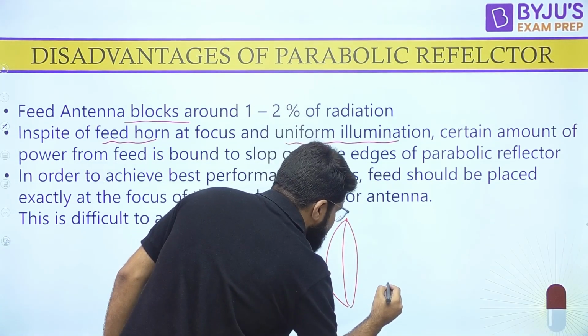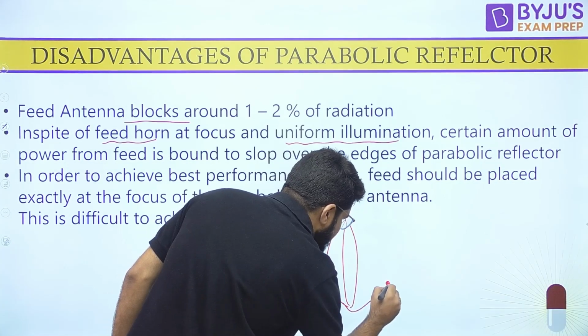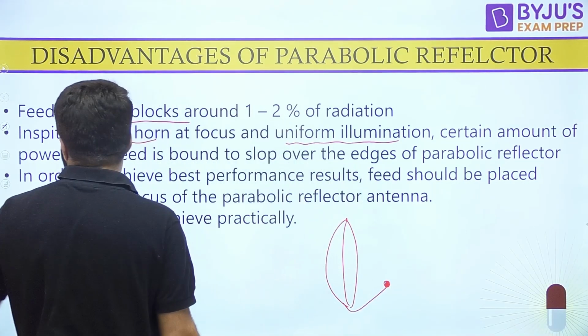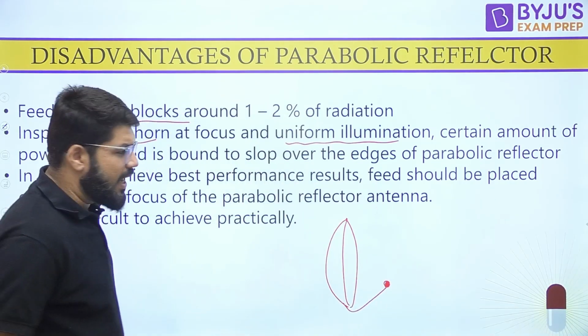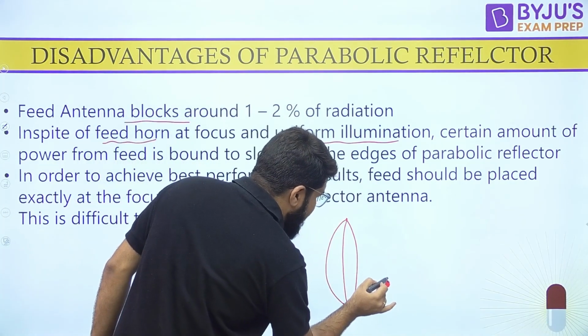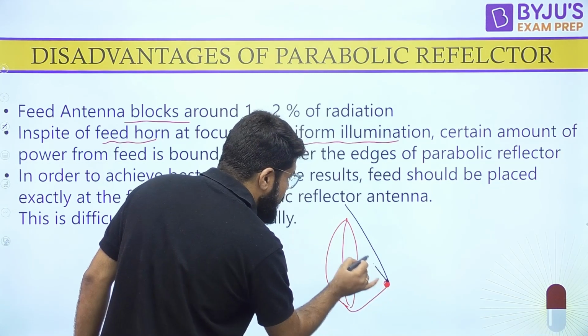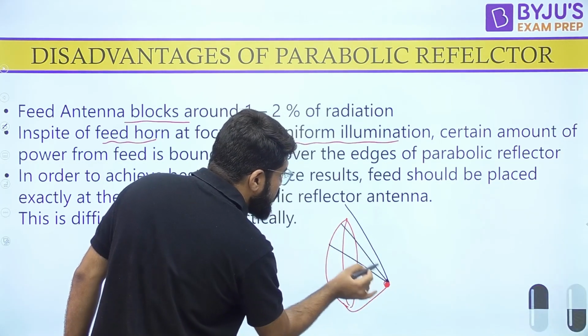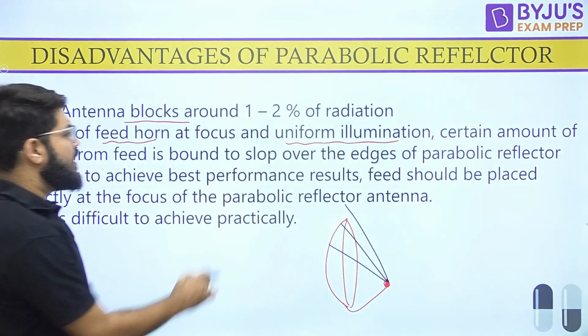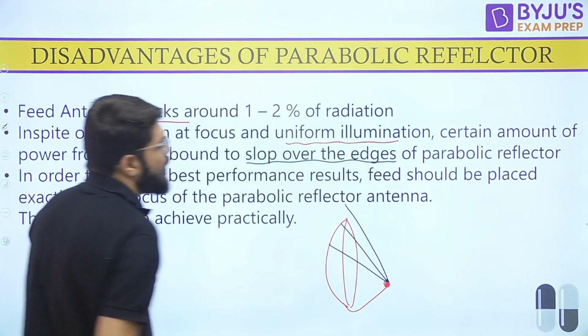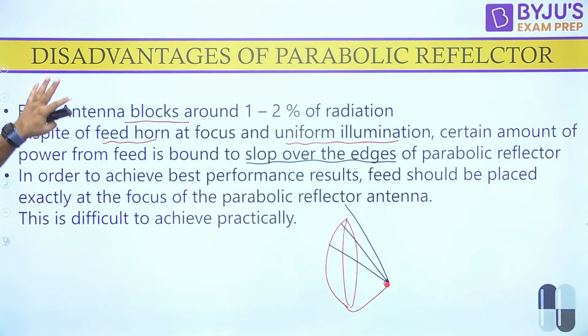Even if you take the offside feed case, and this is where the feed is, and assume this is with respect to the transmitter antenna as well, when this is acting as a transmitting antenna, some amount of power is going to go outside the curvature of the dish. It is going to slop over the edges of the parabolic reflector. That is also one of the disadvantages of the parabolic reflector.